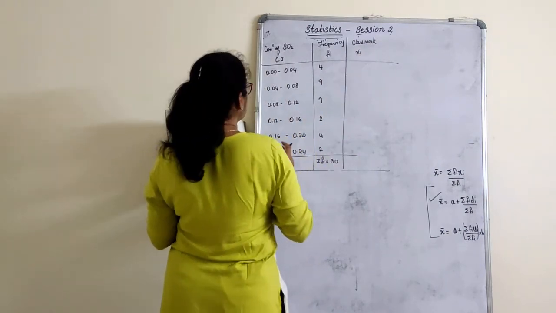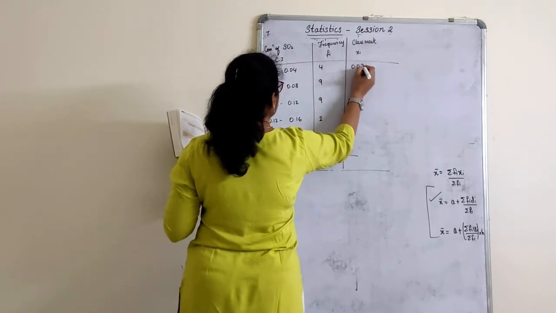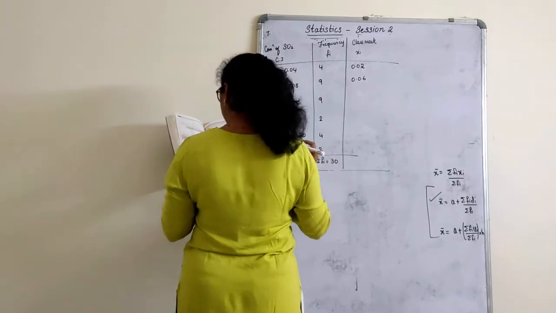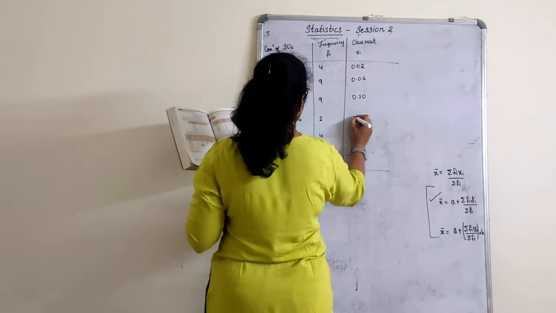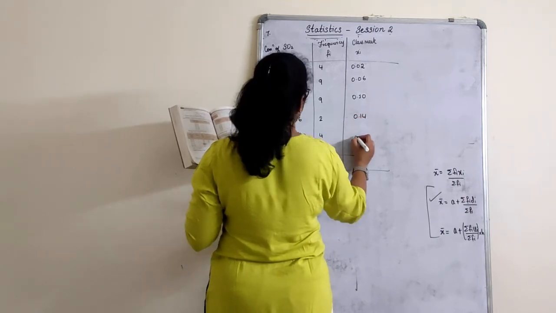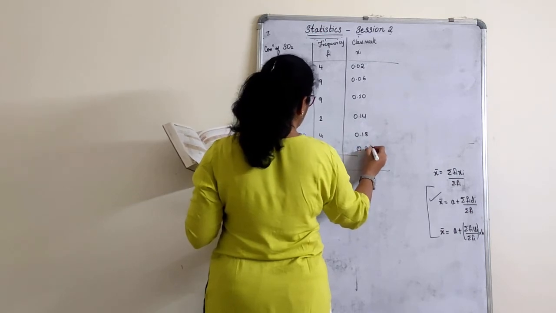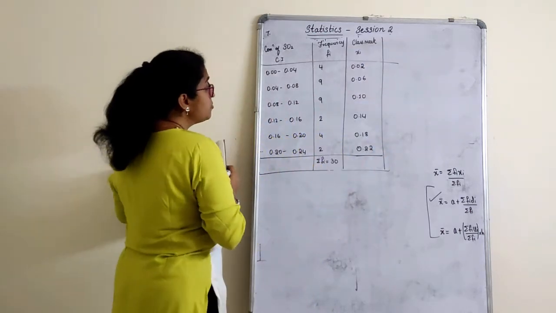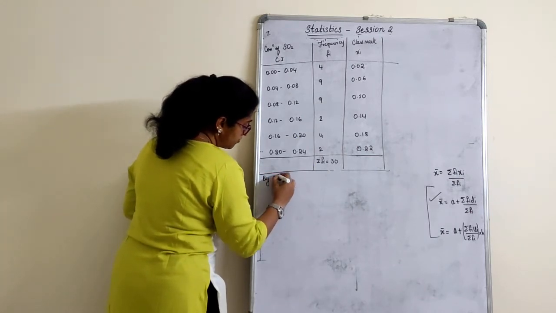For 0.00 to 0.04 it is 0.02, then 0.06, 0.10, 0.14, 0.18, 0.22.